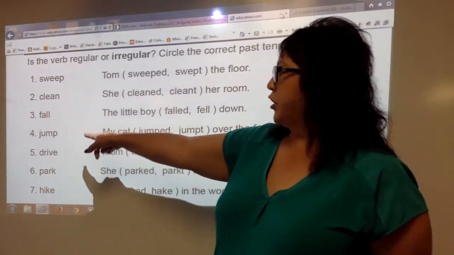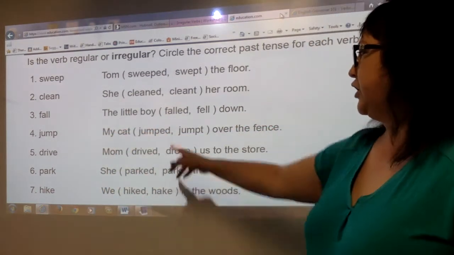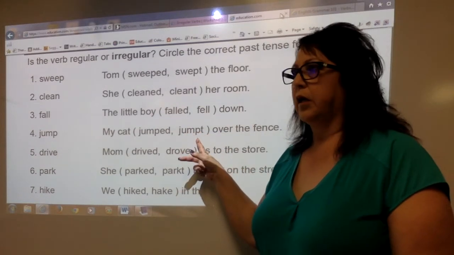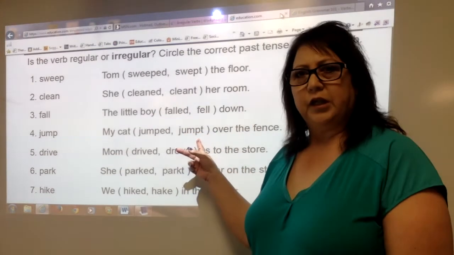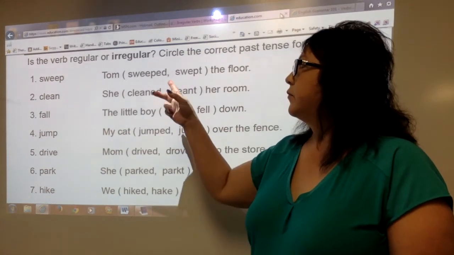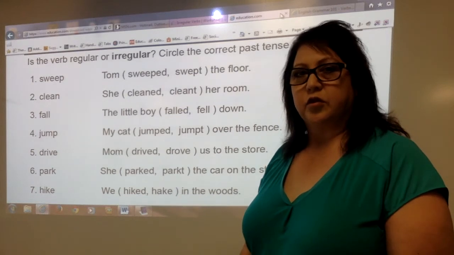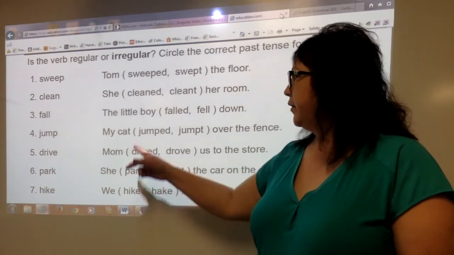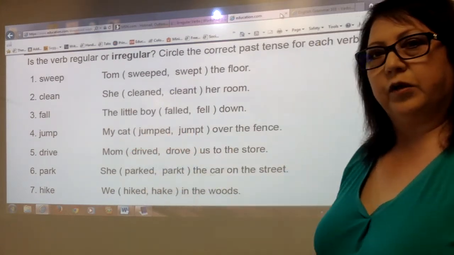Moving on, number 4, jump. My cat jumped over the fence, or my cat jumped. They sound really close, right? They're really close. But remember our rules to regular or irregular verbs. Go ahead and circle the one you think is the best.